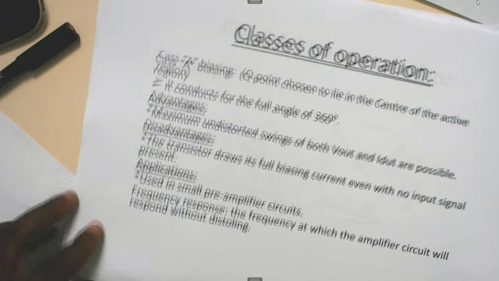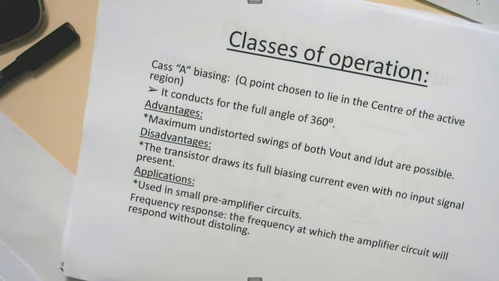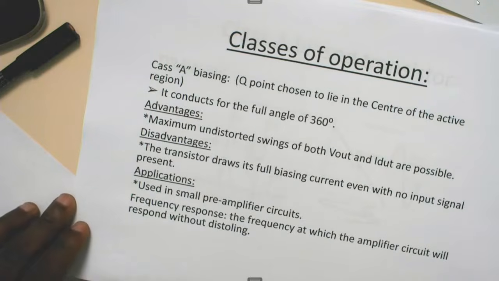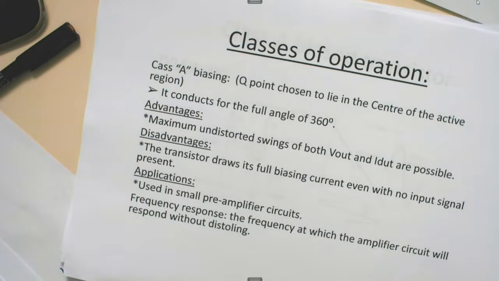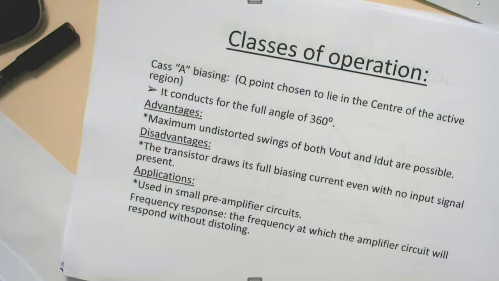Class A will conduct for a full 360-degree angle. The advantage of this is that maximum undistorted swing of both Vout and input are possible. The disadvantage is that the transistor draws its full biasing current even with no input signal present.